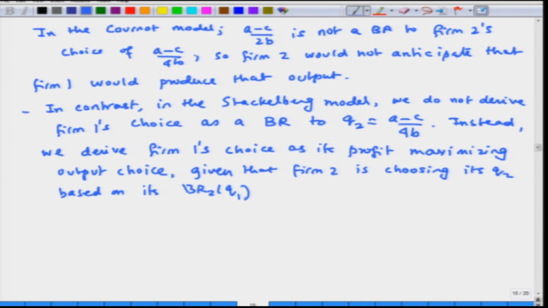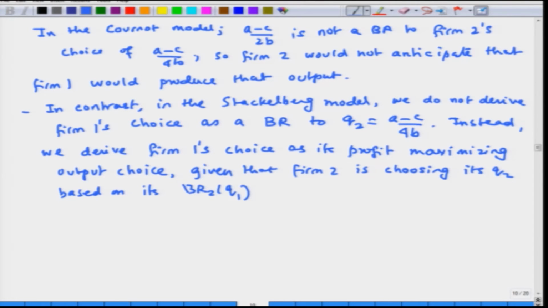When we solved the Stackelberg model, we simply did not ask is A minus C by 2B a best response to A minus C upon 4B, that is not what we did. We incorporated firm 2's best response function into firm 1's objective function and then solved for firm 1's optimal choice.